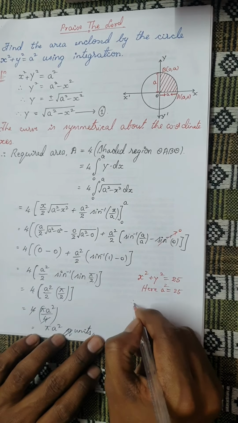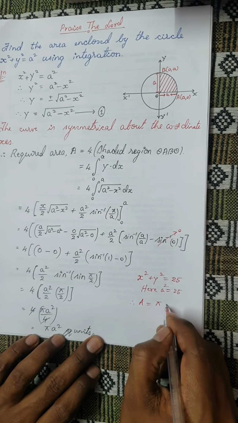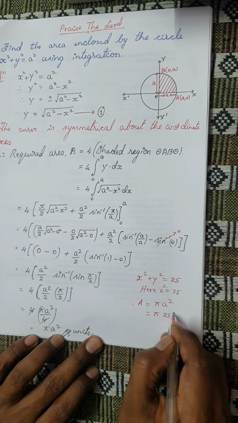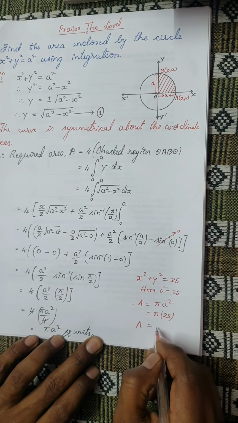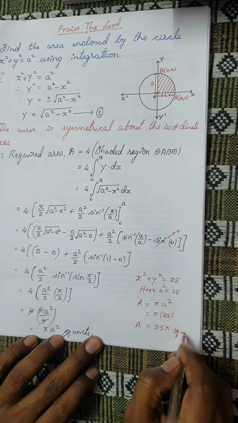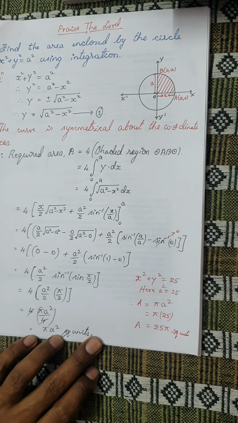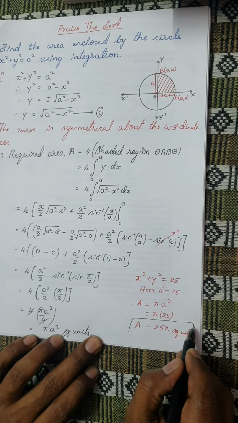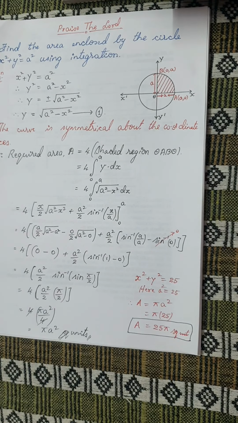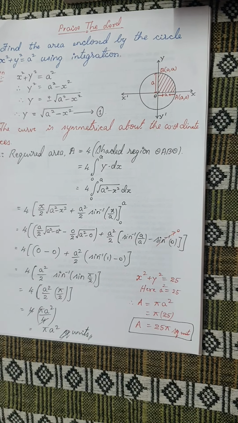Therefore we know area is equal to pi a square. So this is nothing but pi into a square, which is 25. So the area is 25 pi square units. This is if they ask you to hence deduce or hence evaluate the area of the circle. Please be careful.